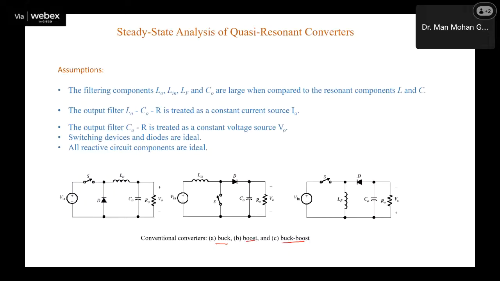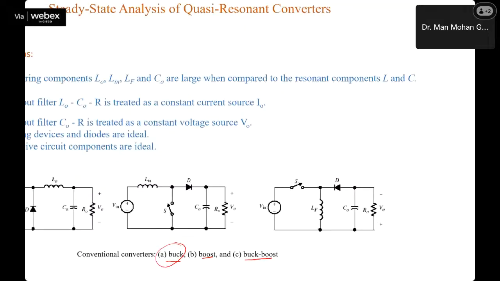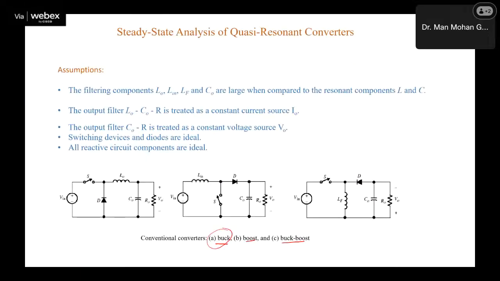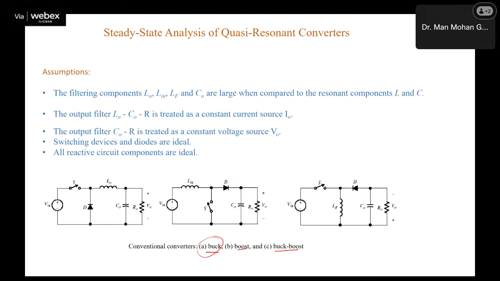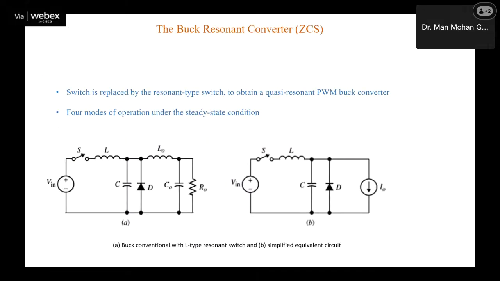Now we will go for designing a ZCS converter for buck. Similarly, we can have it for boost. So before that, let me tell you how our circuit becomes. This will be our circuit. The original circuit was like this only.